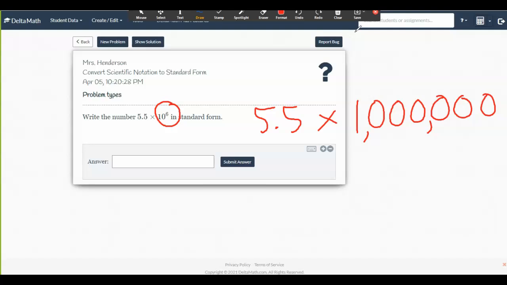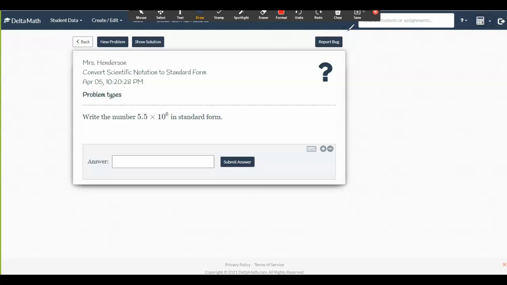So just think about that for a second. I want the number 1 million 5.5 times, so that means I'm going to have a pretty big number when I'm done. A shortcut to multiplying by a large power of 10 is to simply move the decimal point. A decimal point can either move to the left or to the right.